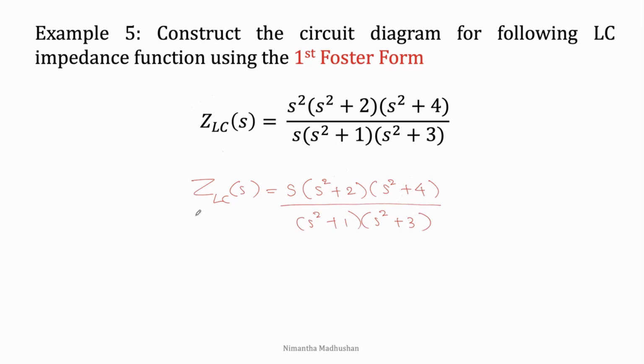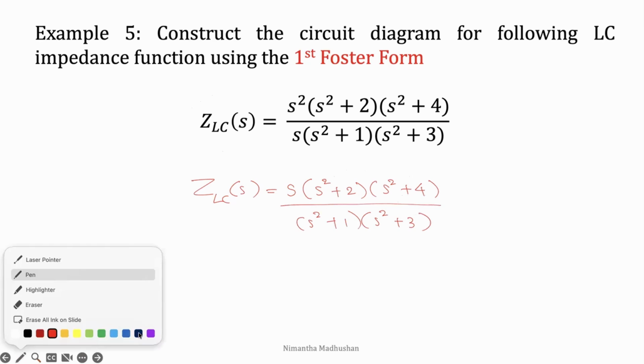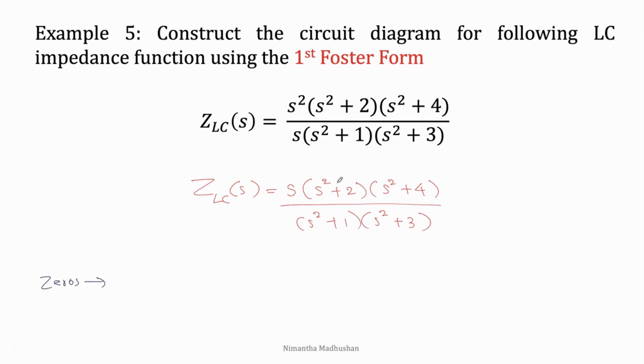From this, we can find the zeros and poles. We obtain the zeros from the numerator. The roots of the numerator are s equals 0, s equals plus or minus root 2 j, and s equals plus or minus 2j.